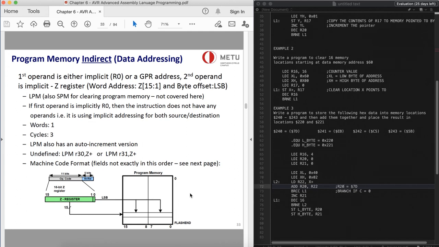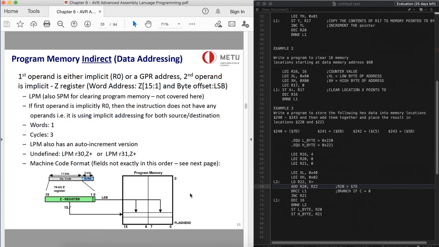LPM Rn, Z. LPM is the instruction that we use to load from the program memory, or we can use SPM, which is used to store to program memory. So load and store from PM means program memory.